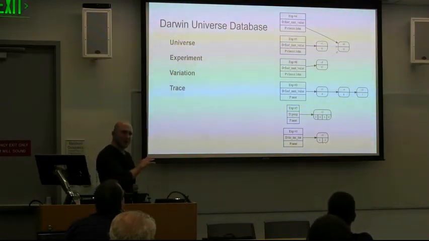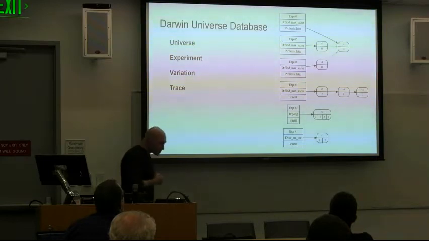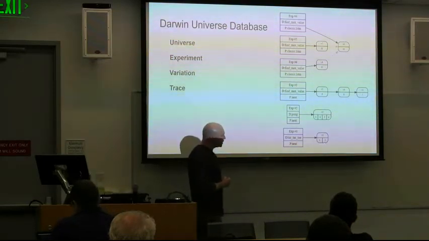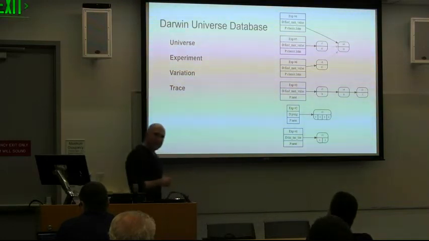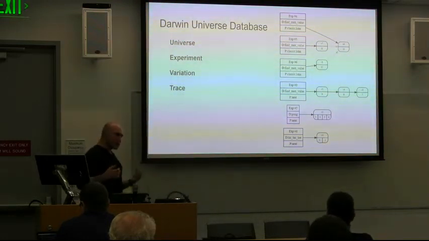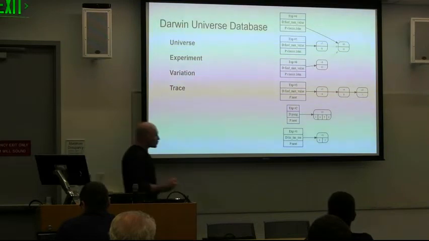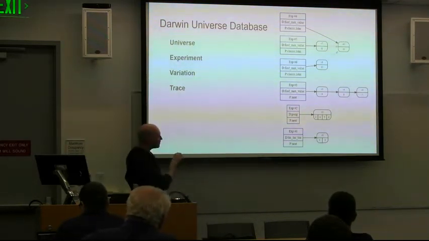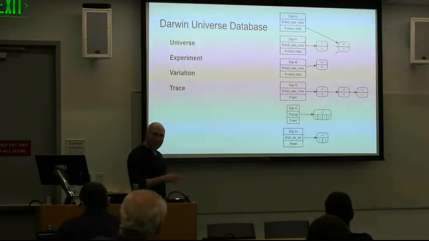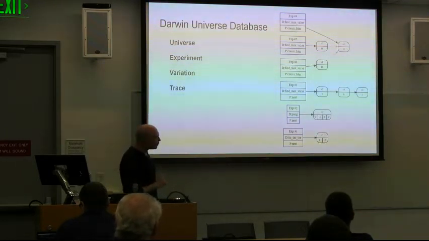Does this diagram look familiar? Have you used Git at all? It's not accidental. I took inspiration from version control, because it deals with the same thing. You have historical data, and so the experiment would be the equivalent of branches, and the variations would be the rough equivalent of commits. You have the whole history.